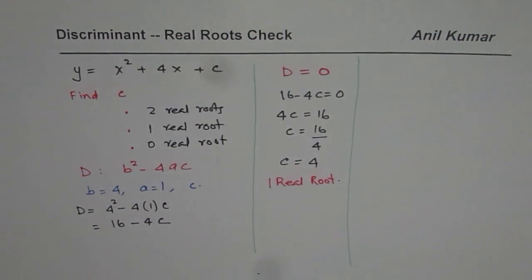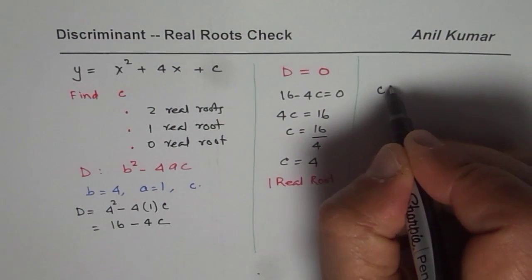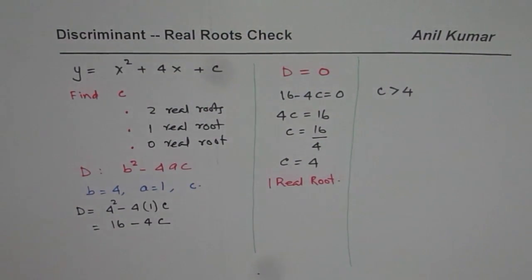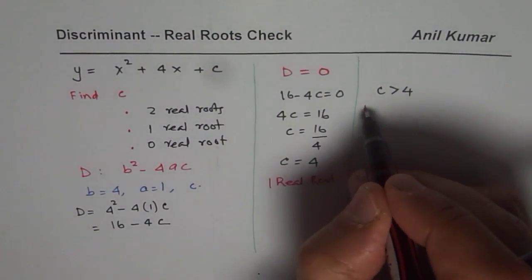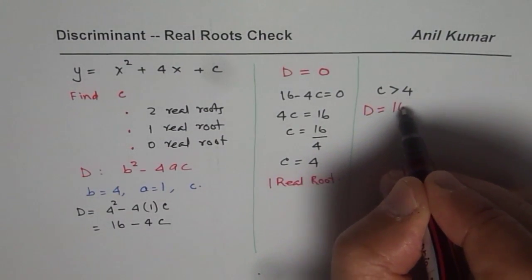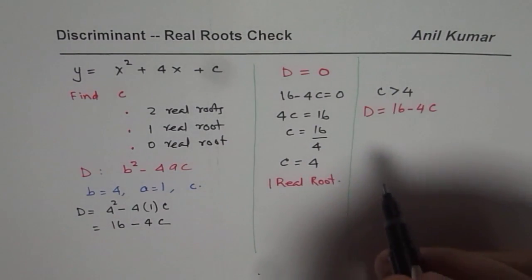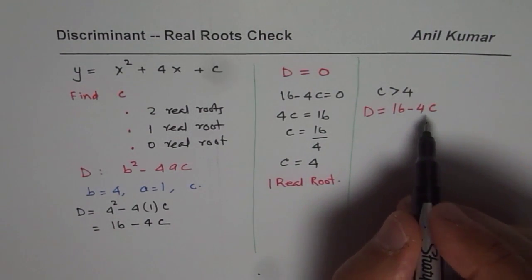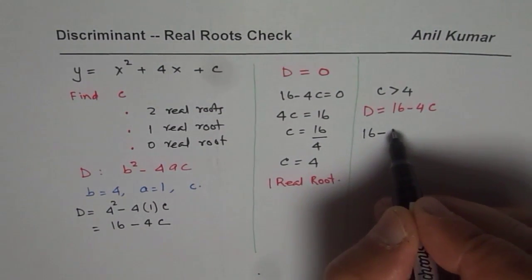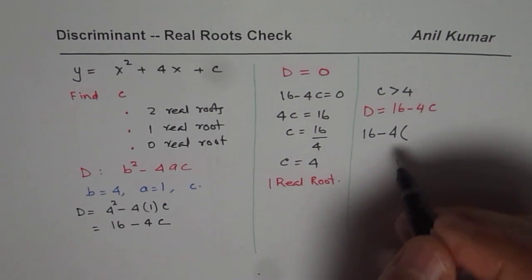Now what happens if c is greater than 4? So we have discriminant d equal to 16 minus 4c. If c is greater than 4, let us see, 16 minus 4 times a value which is greater than 4.